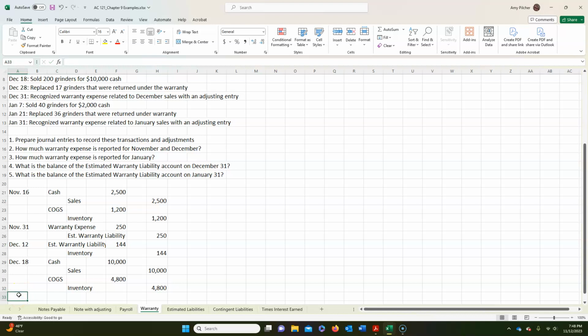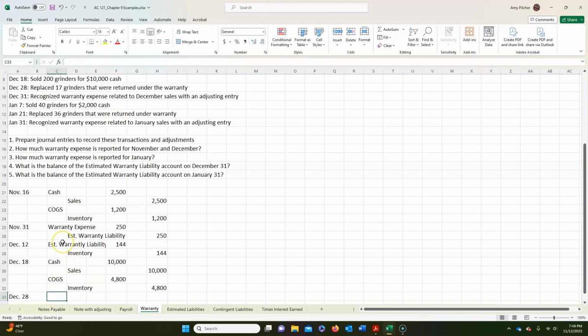On December 31st, we need to do that adjusting entry. Oh, on December 28th, first we have to record that we replaced 17 grinders that were returned under the warranty.